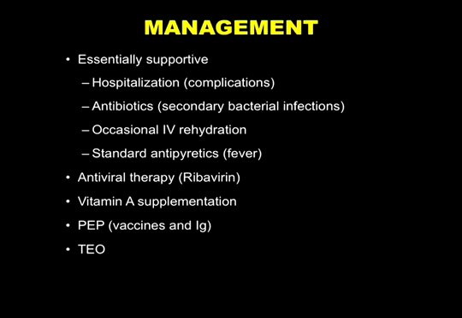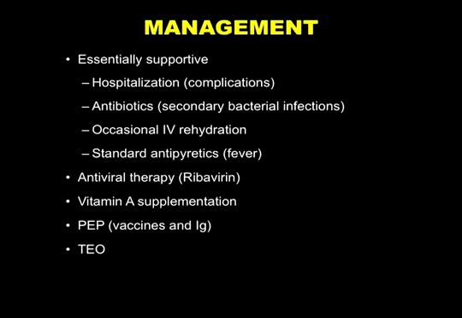Usually what we do is we give it on day 1, day 2, and day 14. For those up to 6 months, you give 50,000 international units. Those 6 to 11 months, we give 100,000 international units. And those over 1 year, we give 200,000.